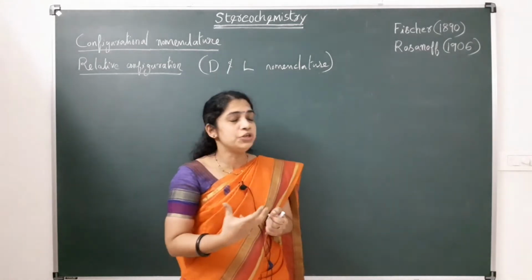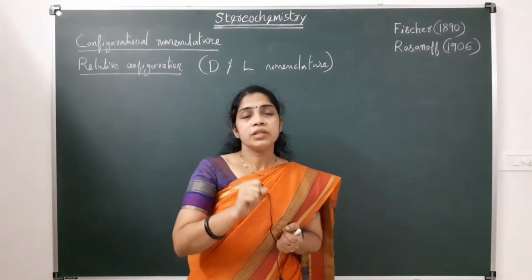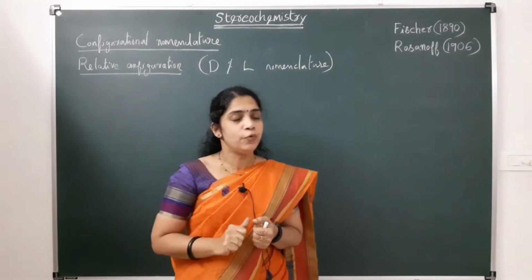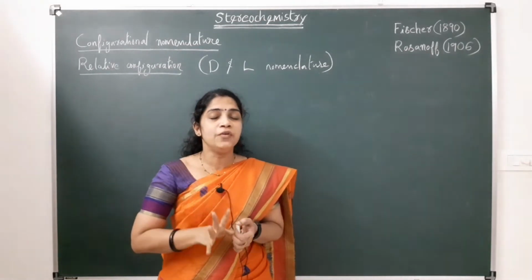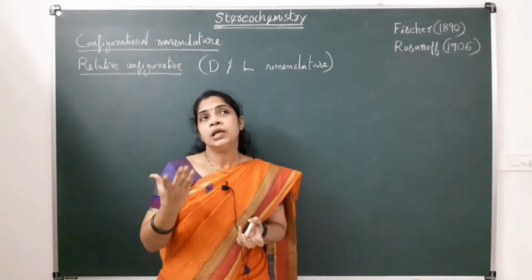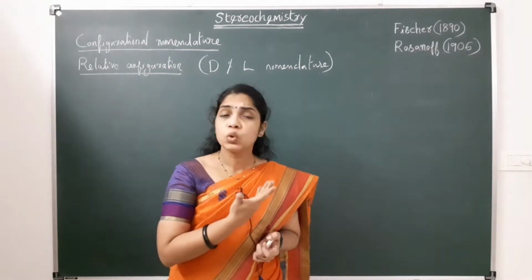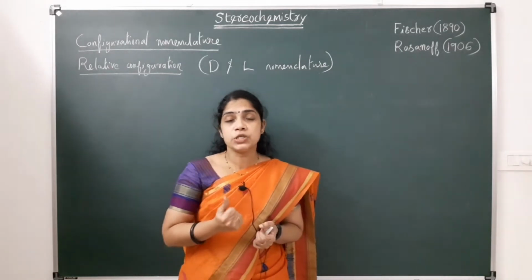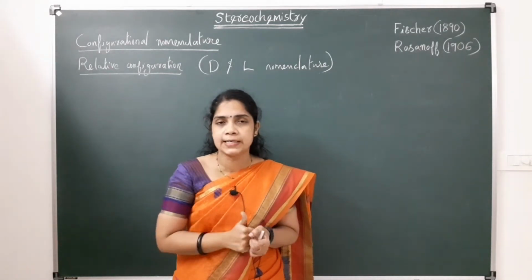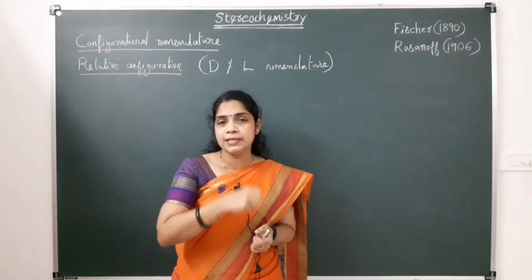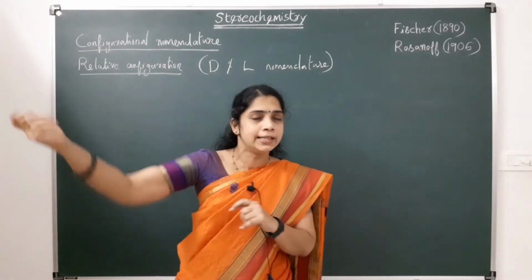Actually, Emil Fischer was the second Nobel Prize winner. The first Nobel Prize winner, as we discussed before, was Van't Hoff. He got the first Nobel Prize in 1901, as we already discussed. He also contributed to stereochemistry, but he got the Nobel Prize in another area.